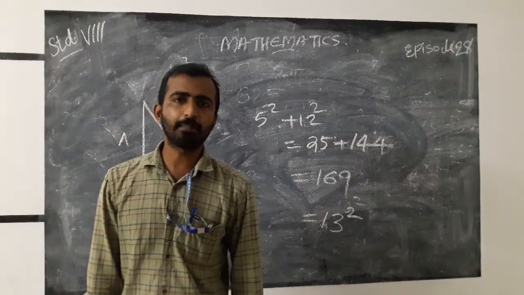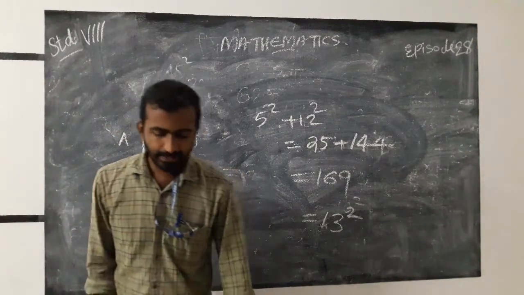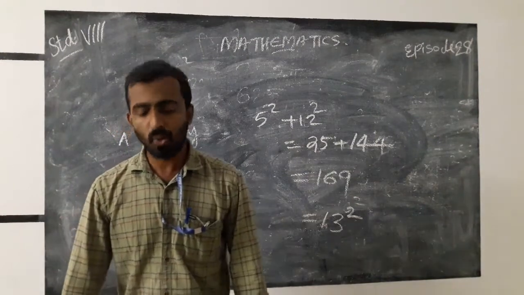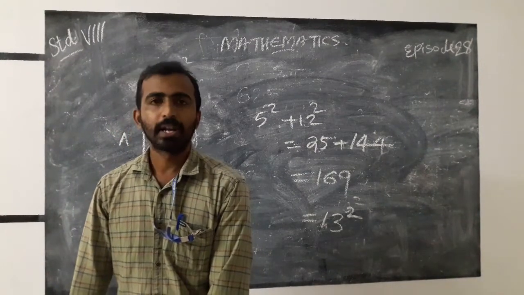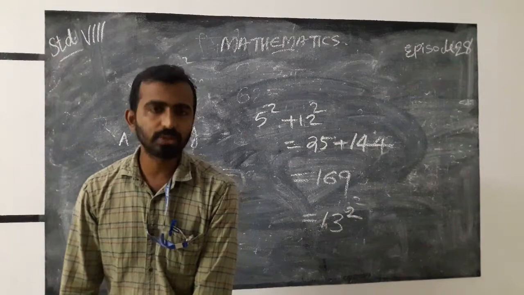We can take the numbers as (2m) square plus (m square minus 1) the whole square equals (m square plus 1) the whole square.